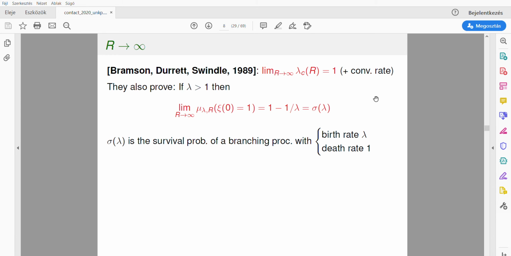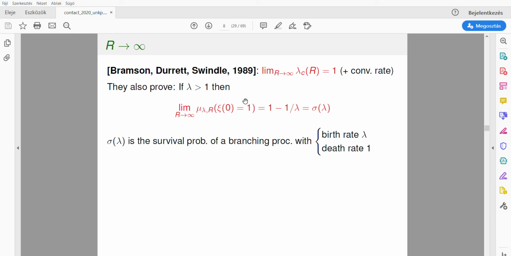I should have mentioned this, and it is going to become clear from things that I will say later: the probability that you're occupied under the upper invariant measure is the same as the probability that, if you start from one single infected site at the origin and everyone else is healthy, you create an epidemic that goes on forever.